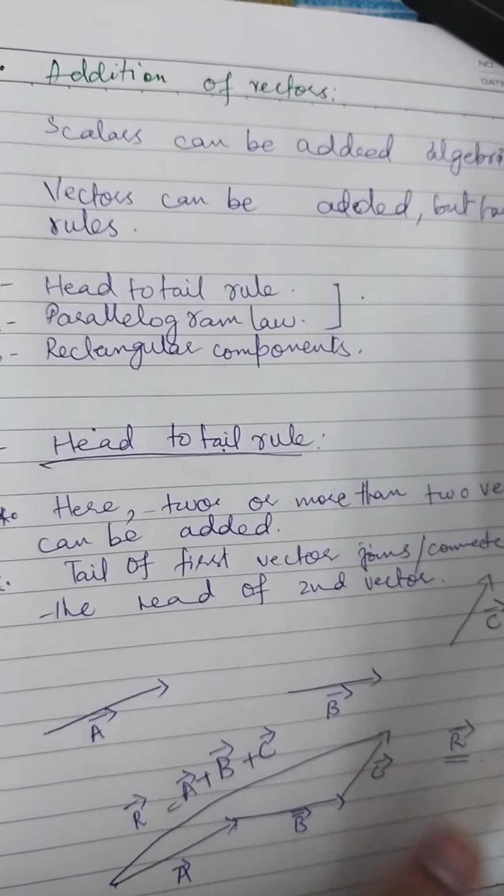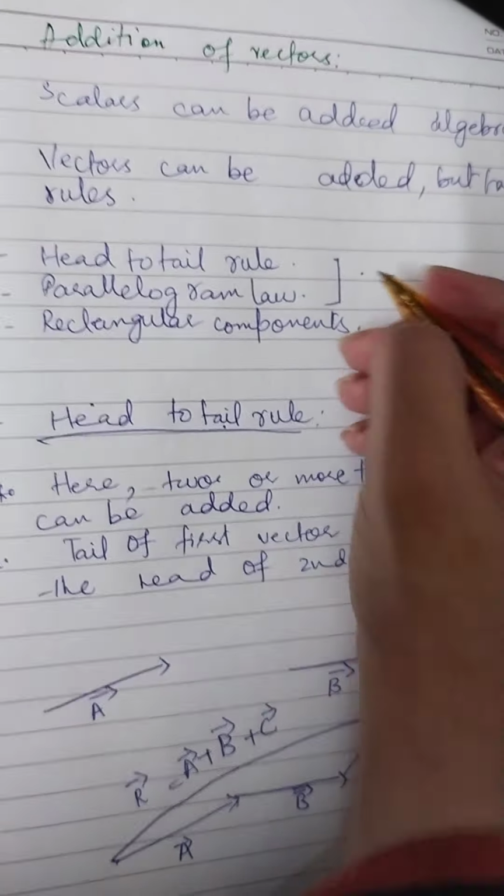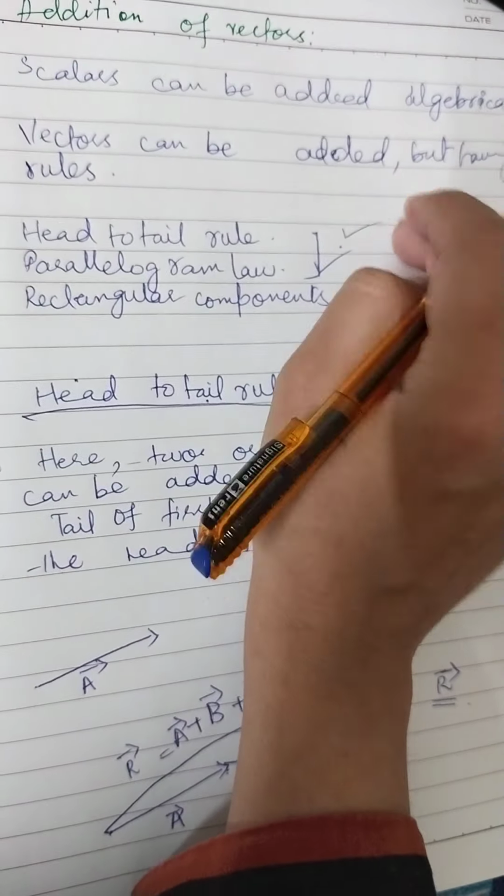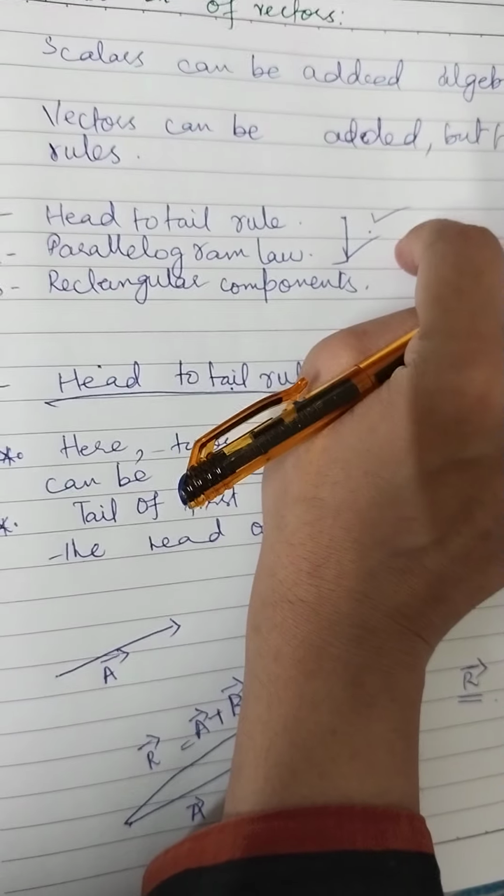Now, the second one is the parallelogram law. As I told you earlier, we have done the head to tail rule with the first one.